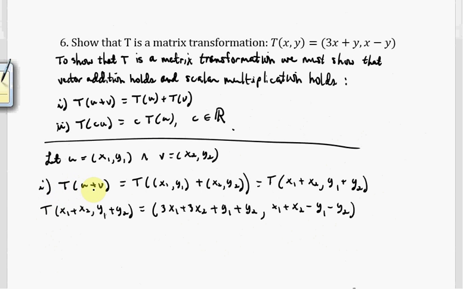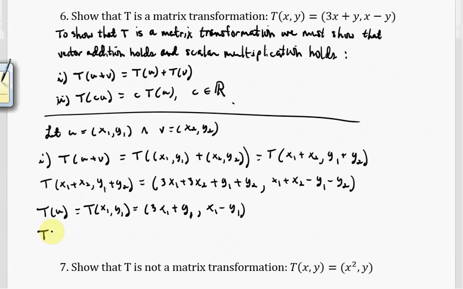Is that the same thing as the sum of the transformations? So we look at T of U. U is x sub 1 comma y sub 1. According to the formula, this is 3 times the first, x sub 1, plus the second, y sub 1, comma, the first term minus the second term, x sub 1 minus y sub 1.